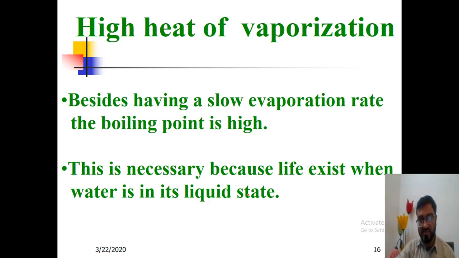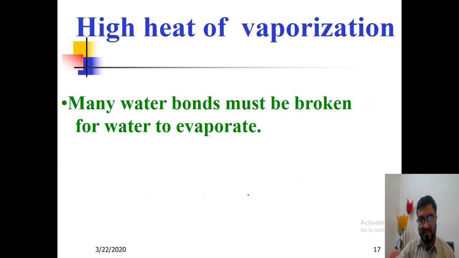Water should be in the liquid state on the earth. It should not evaporate when the temperature is increased. That is only possible with a high heat of vaporization. Many water bonds must be broken for water to evaporate.